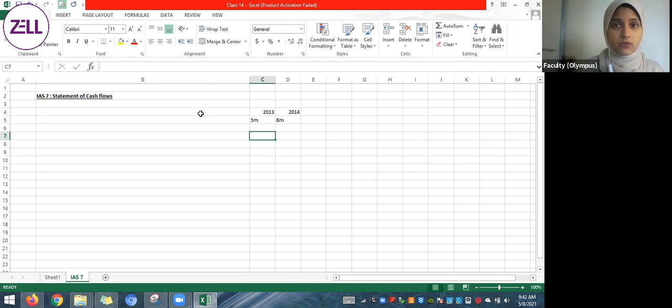I might go on telling that the company is doing fairly good in terms of its ability to generate cash. But this is a wrong interpretation. Just by comparing 5 million and 8 million, I can't say that the company has a good cash generating capacity. Why? Any idea why I can't be sure of this?